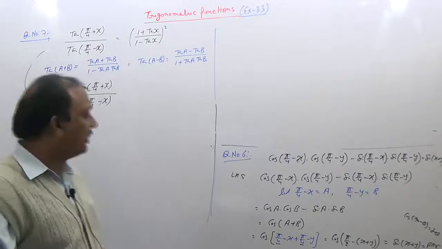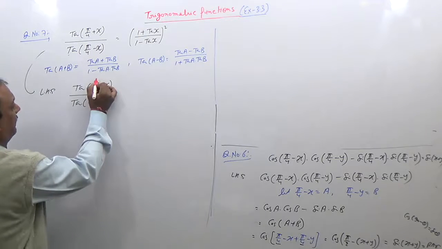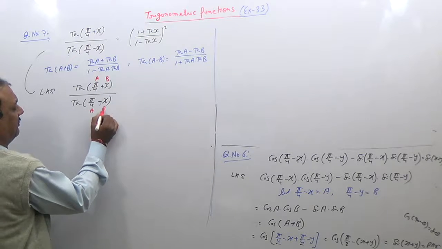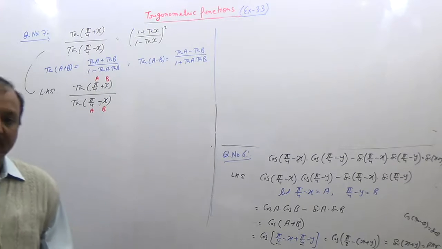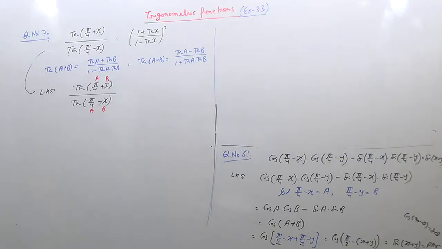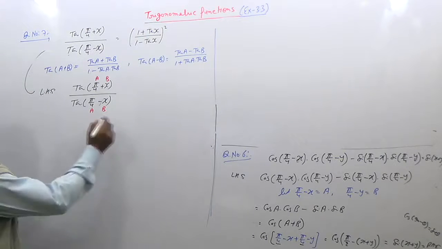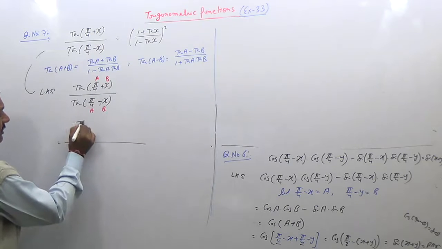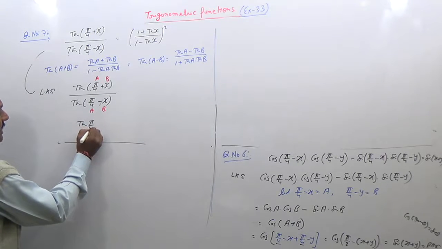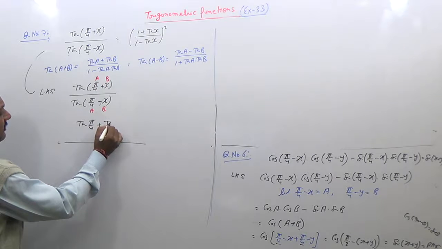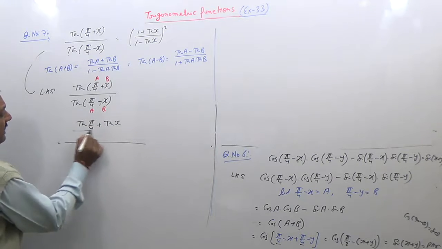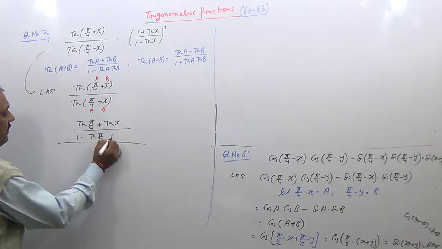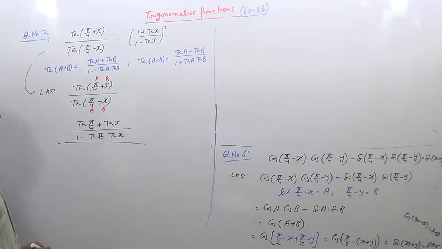दो आइडेंटिटीज आपको गिवन है, आपने दो आइडेंटिटी यूज करनी है. So let us suppose this one as A, this one as B. Applying tan(A + B) in the numerator and tan(A − B) in the denominator. So the numerator is tan π/4 plus tan x over 1 minus tan π/4 into tan x.